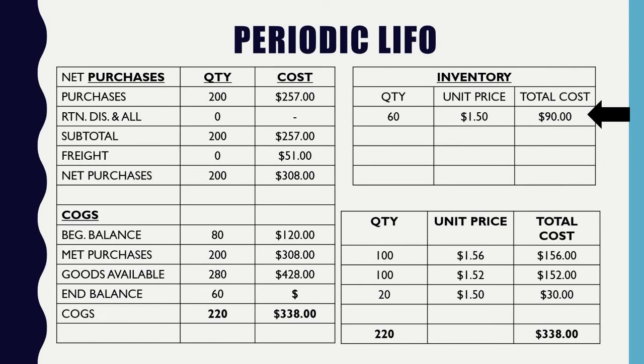We plug that number in, and now we only have left to solve for our ending inventory, which we can do in two ways. If you have it in your table, we have 60 items at $1.50, which gives me a total of $90. Or if I take my $428 and subtract out my $338, I get my $90.